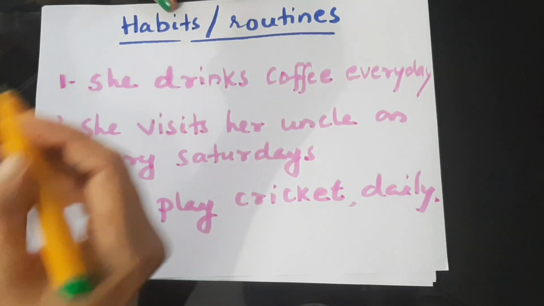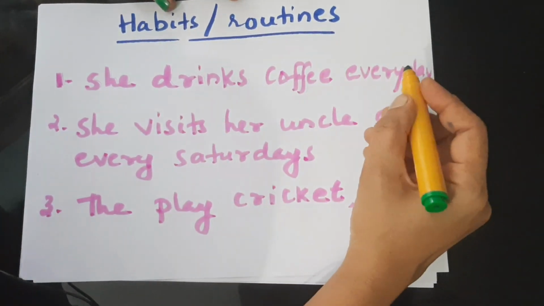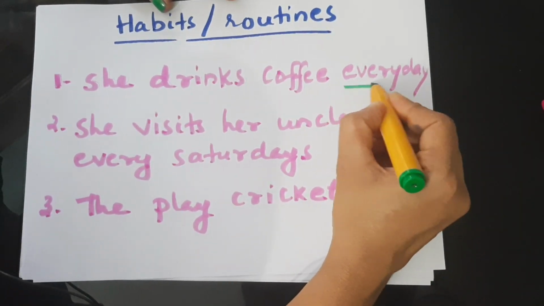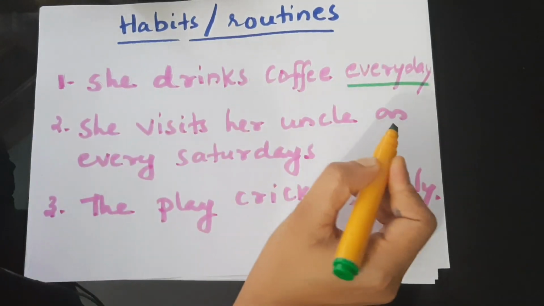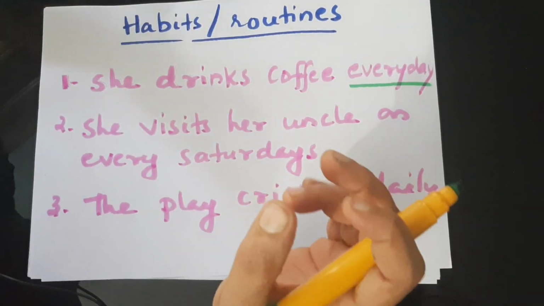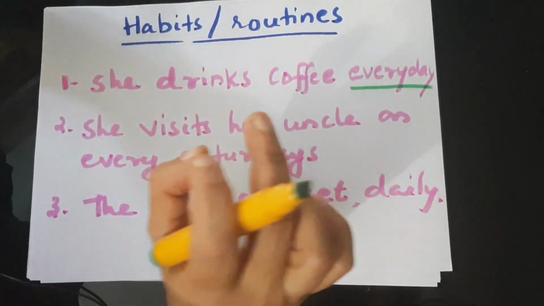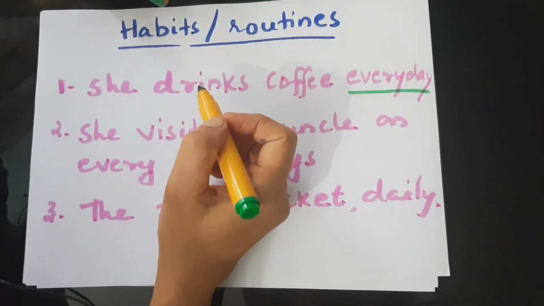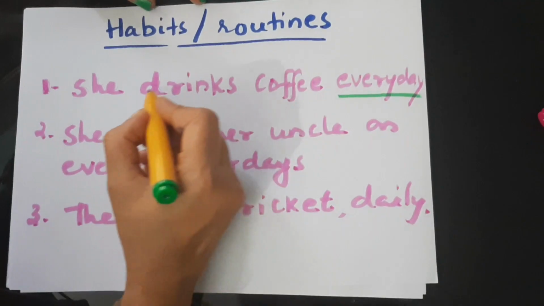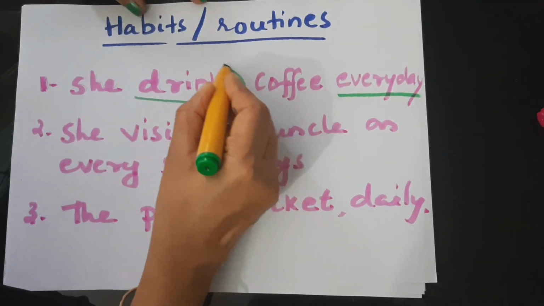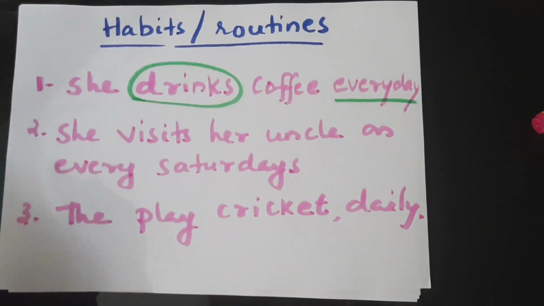For example, she drinks coffee every day. Every day means all days. Okay, every day she drinks coffee. That's a habitual action. She does this action regularly. So you can use simple present tense here. Drinks. Okay, she drinks.